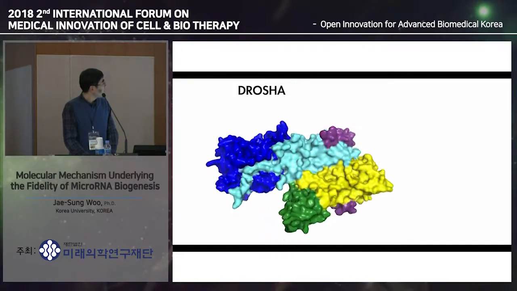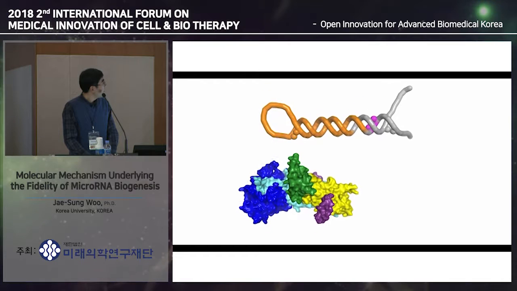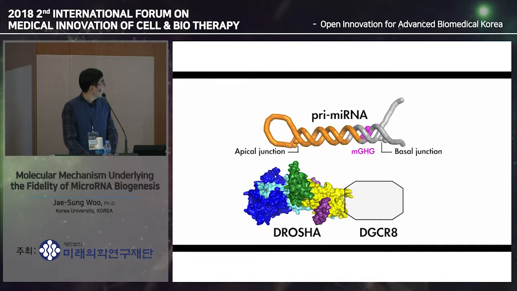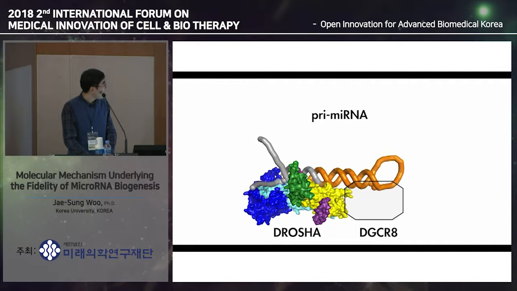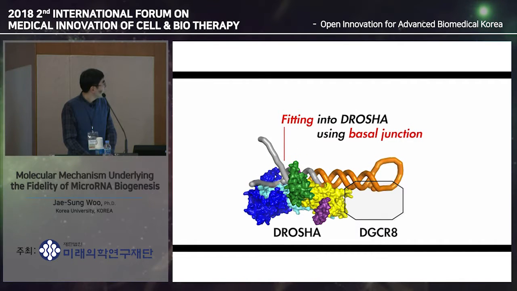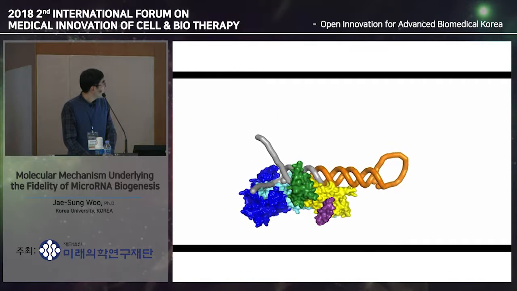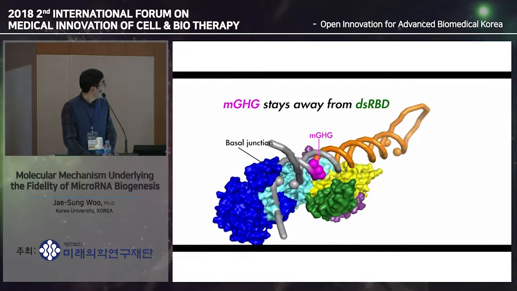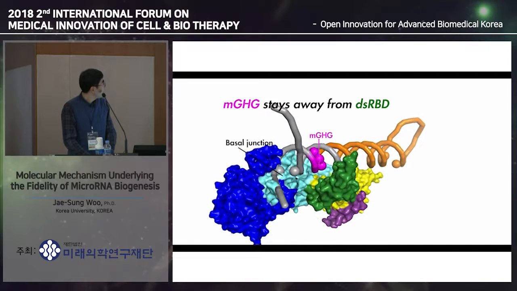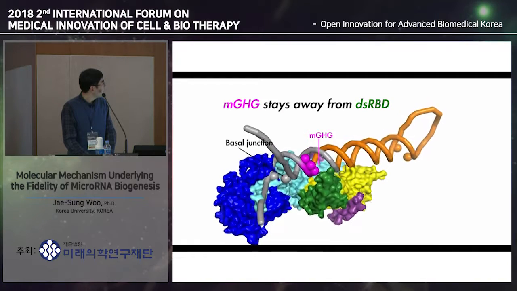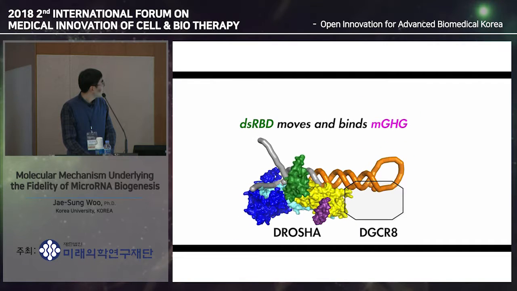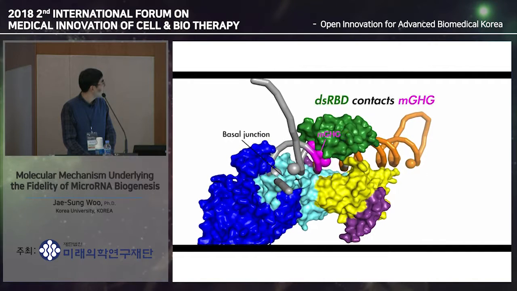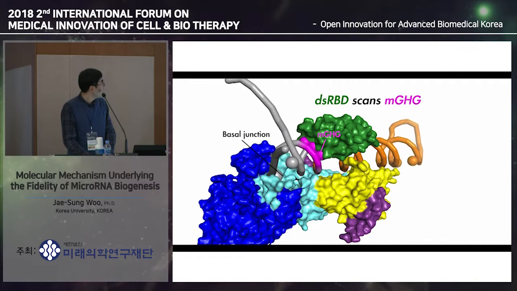This is the structure of Drosha, and this is the primary microRNA. Initially, the primary microRNA is recognized by DGCR8, and it tries to fit with the central domain of Drosha. And the DSRBD at this moment is slightly far from the RNA, but it will undergo a conformational change to recognize the GHG motif.